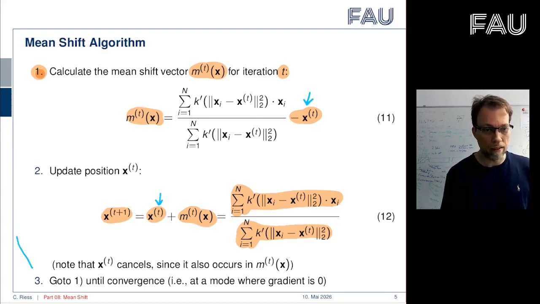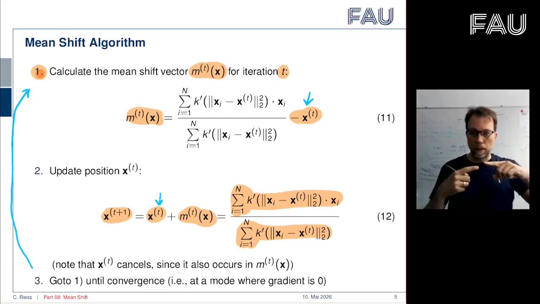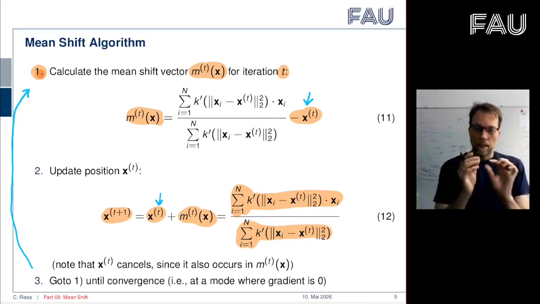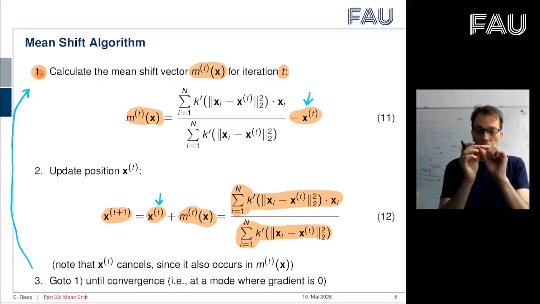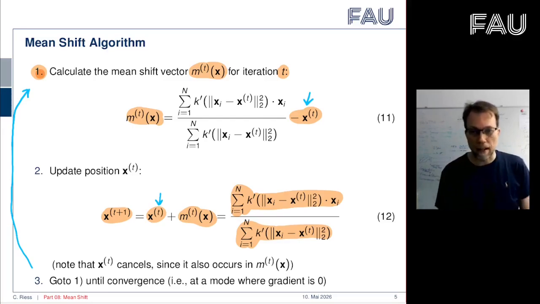So that's all. We repeat this. So we do gradient ascent until we reach the location where the gradient is flat, so where there's no further possibility to go up the gradient. And then we say, okay, probably we reached our position.